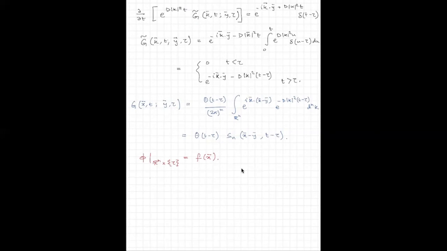We can solve this by phi_n(x,t) equal to the integral over R^n of f(y) S_n(x minus y, t minus tau) d^n y.